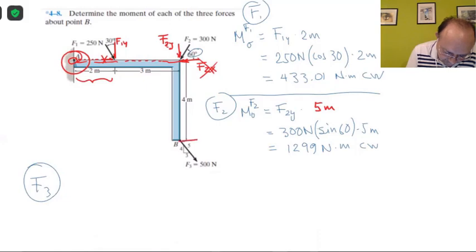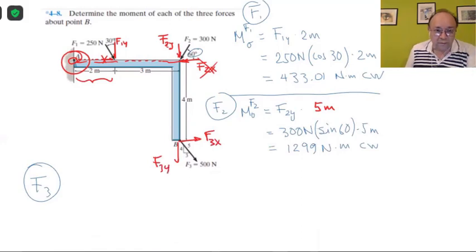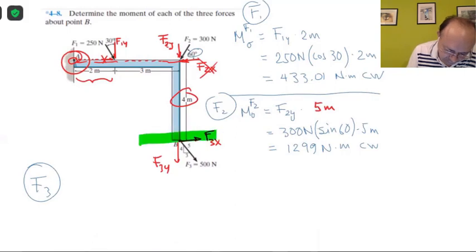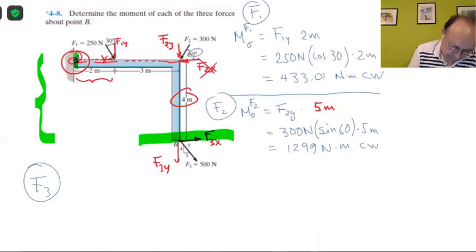So we have the force here, Fx, and the force here, Fy, will be F3x and F3y. So F3x will be multiplied by 4 meters, which is the distance from the line of action of F3x to the point O, this distance here, 4 meters.